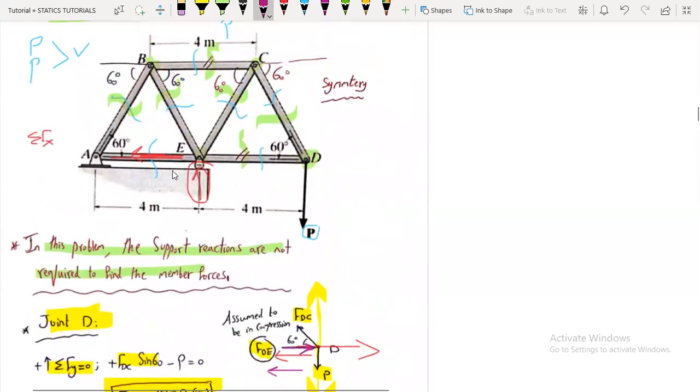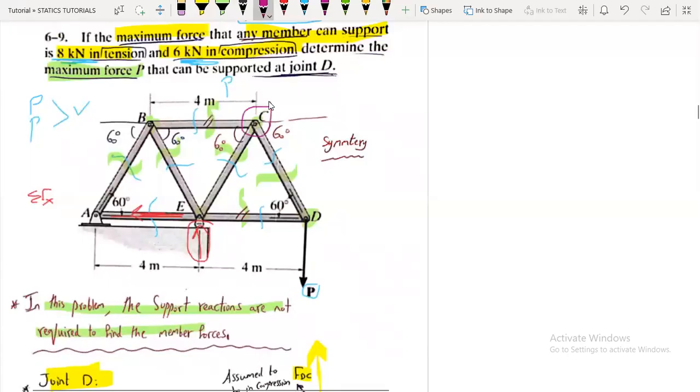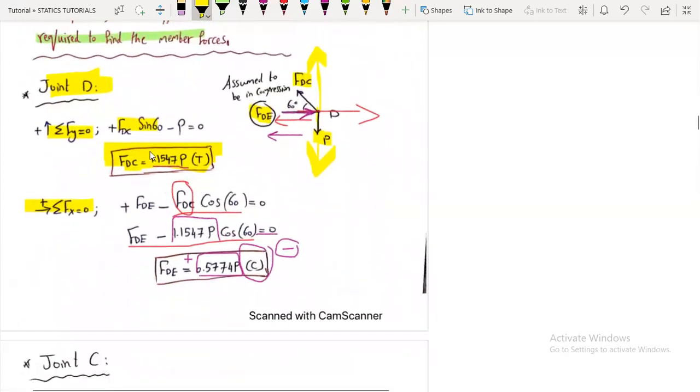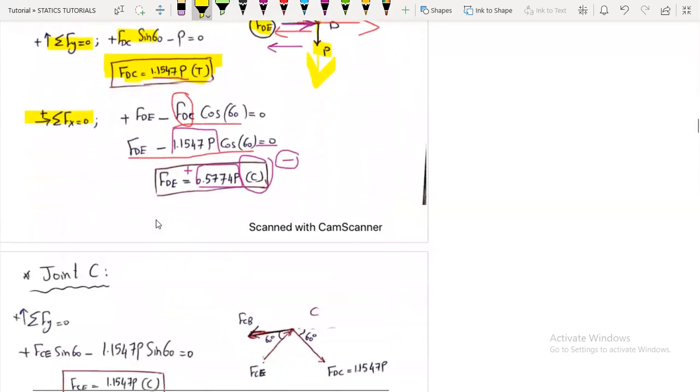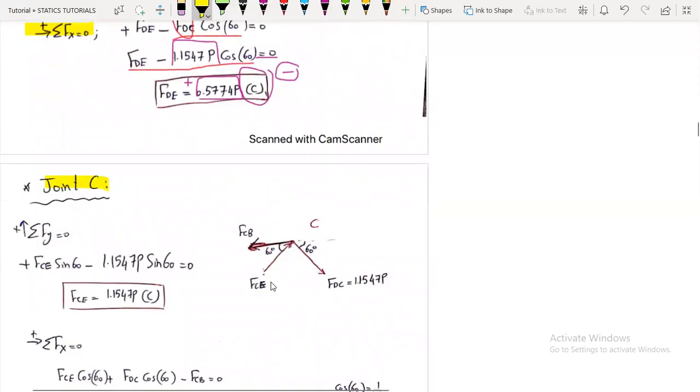Anyway, moving now to joint C. I have found FDC. Now I have two unknowns, correct? FCE and FCB.